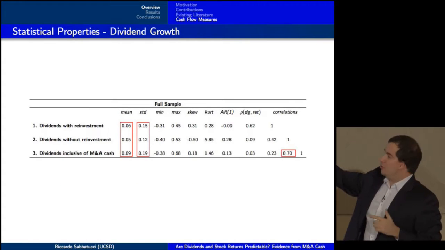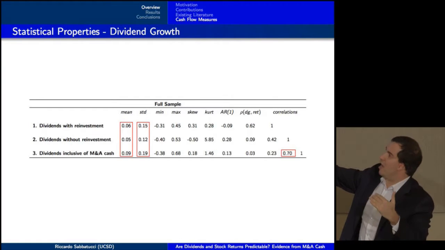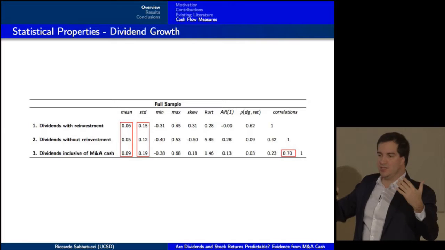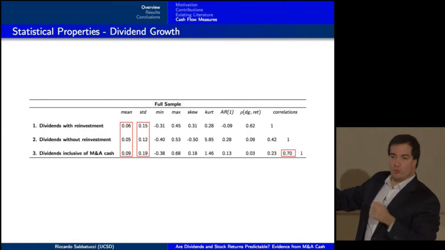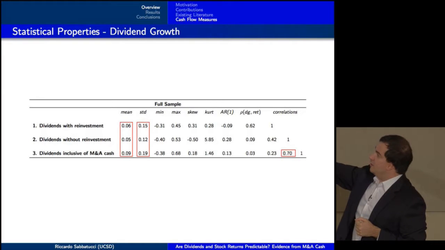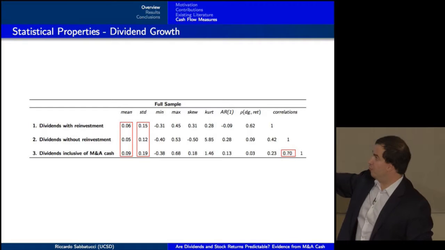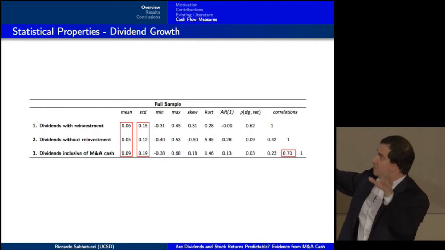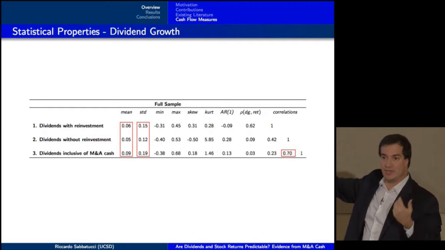So in all these tables and panels, the first measure will always be the CRSP extracted top-down with reinvestment. The second will be the dividends extracted from the CRSP index without reinvestment, and the last one will be mine. So you see that there is an increase in the mean of the dividend growth, obviously, because we're adding some cash dividends coming from M&A, and as we've seen from the graph, those M&A cash dividends are more volatile, and so the volatility goes slightly up.